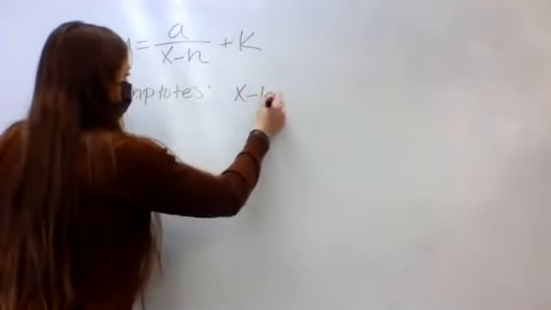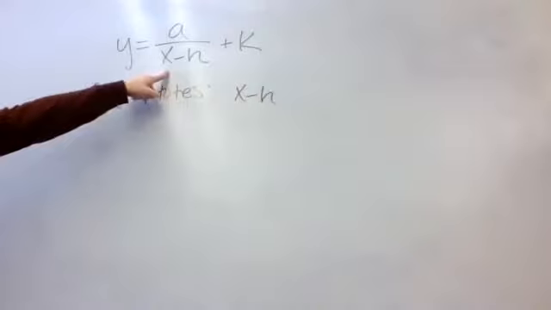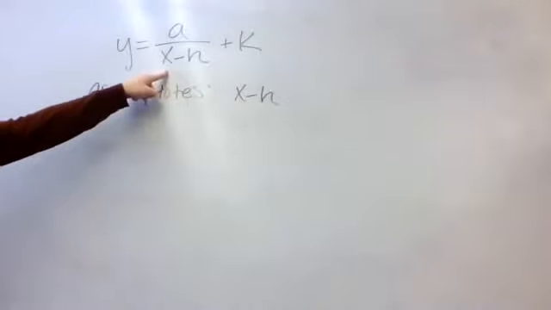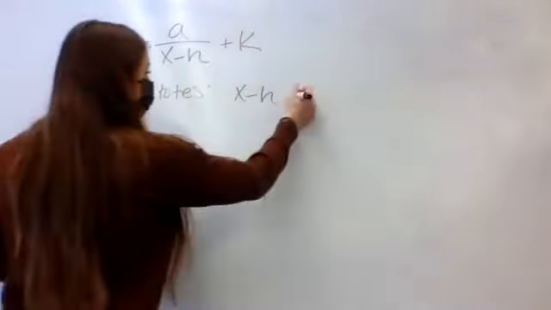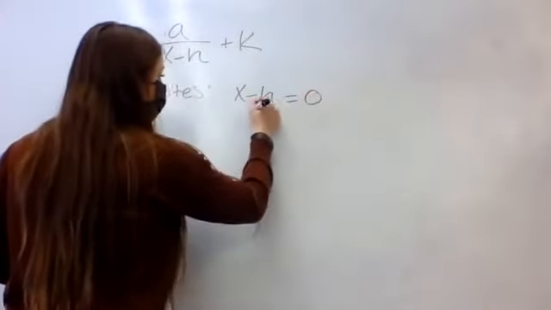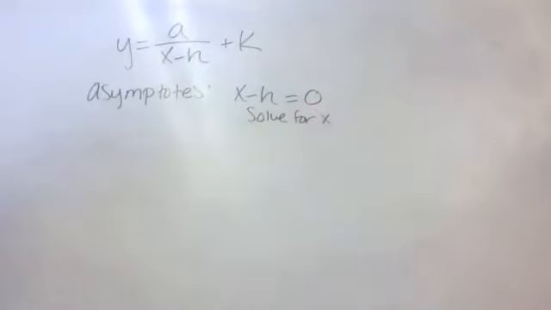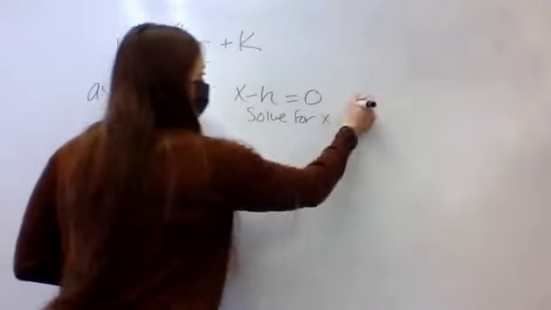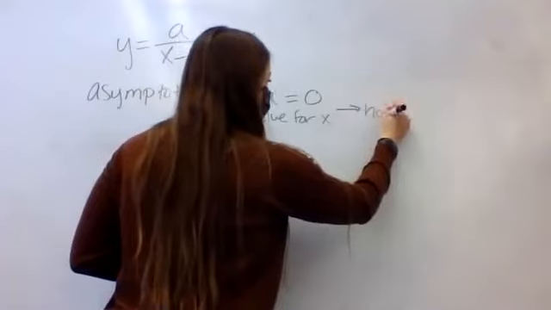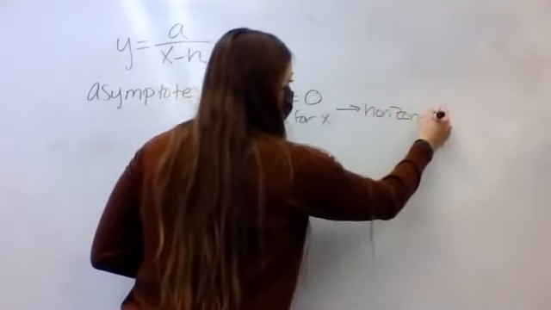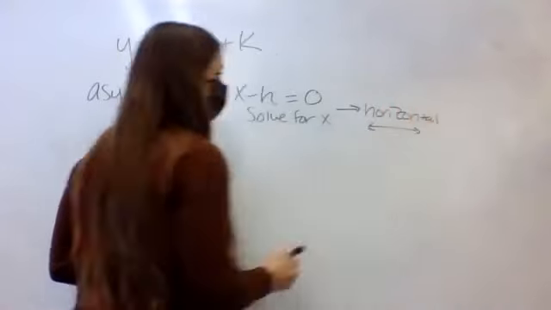In this case, your denominator is everything in the bottom of this fraction, so that's x minus h, and you set that equal to 0 and solve for x. When you do that, you will get your first asymptote, and I'm going to label this horizontal. Horizontal meaning side to side.